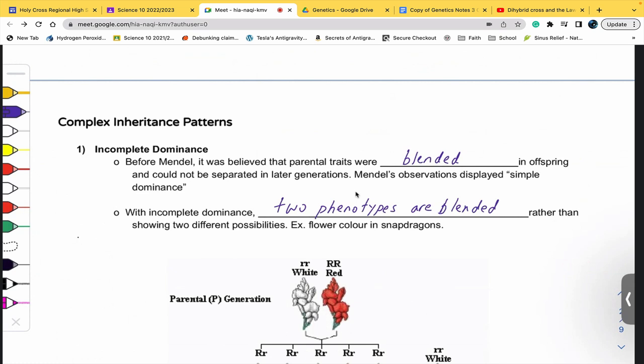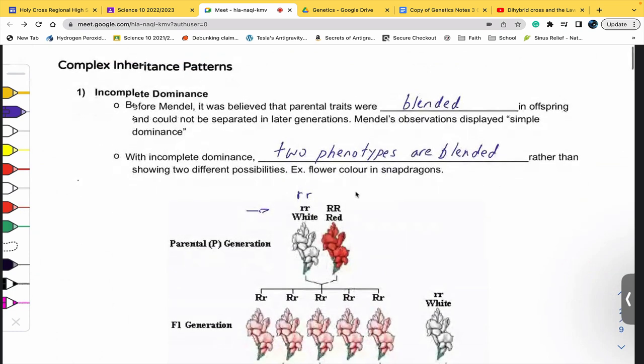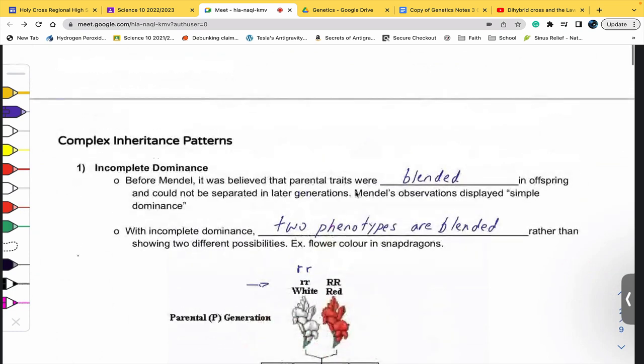Physical characteristics are blended. So, for example, this is a little unclear here, but we look at the white alleles here, that's little r, just for clarity's sake. And of course, that represents a white flower, in this case snapdragons, and big R represents a red flower, which has 2 dominant alleles.